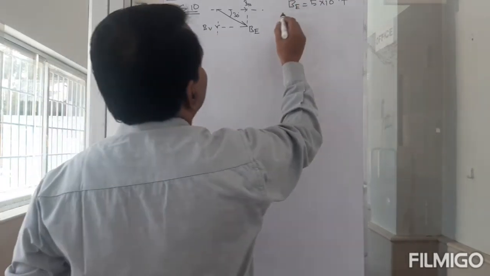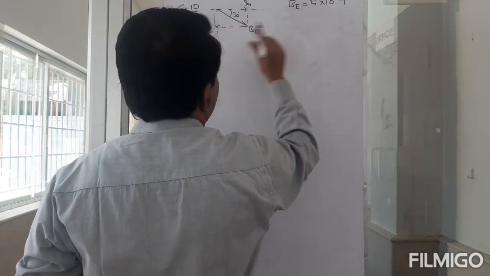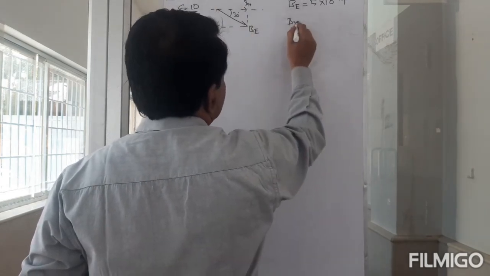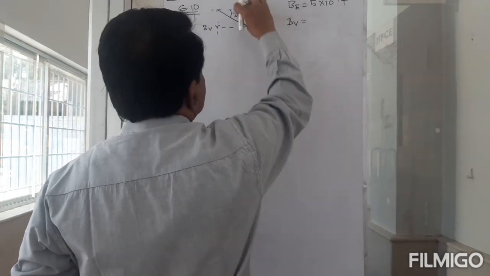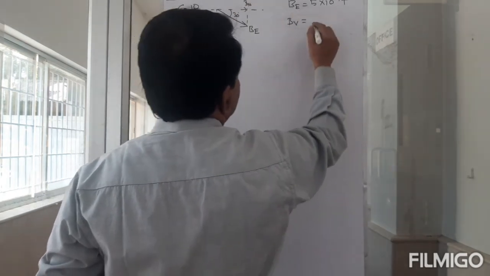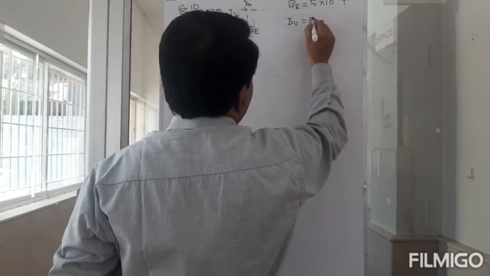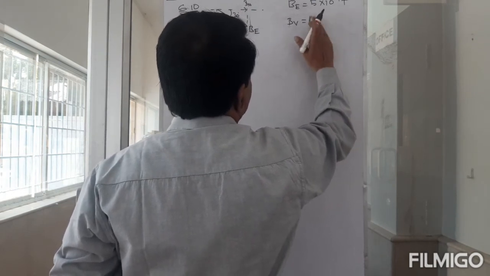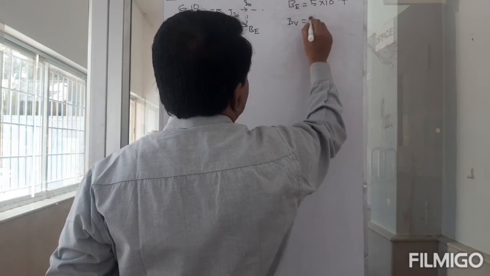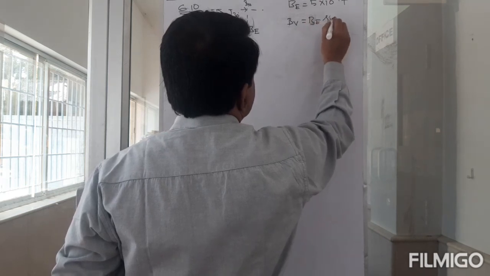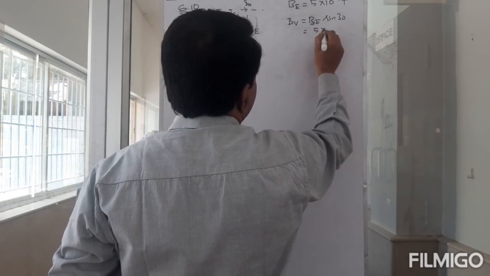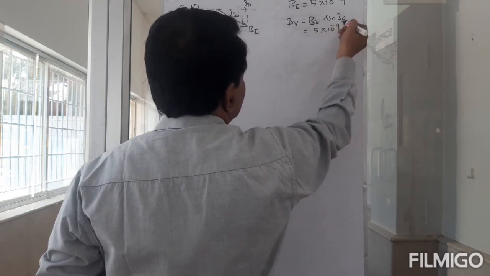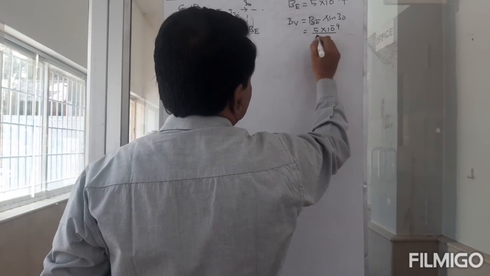B is that, and V is what we need to calculate. So BV is going to be equal to this BE sine 30, right? So that would be 5 into 10 power minus 4 into 1 by 2. I'll just keep it like that.